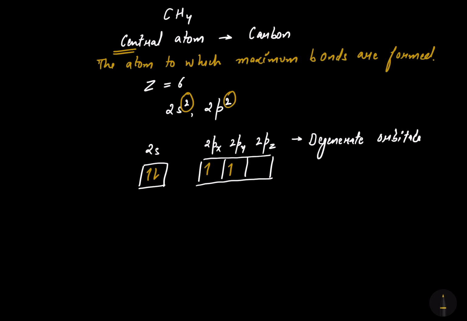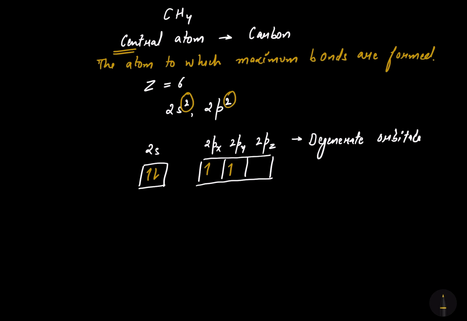Now what is covalent bond formation? When two atomic orbitals containing one electron each but with opposite spin overlap with each other, they form the covalent bond. Here we have a total of 4 orbitals, in which the 2s orbital has 2 electrons, so it will not overlap because it's full of electrons. 2px has 1 electron, so it needs one more electron to make the covalent bond. 2py also has 1 electron, so it needs one more electron as well.